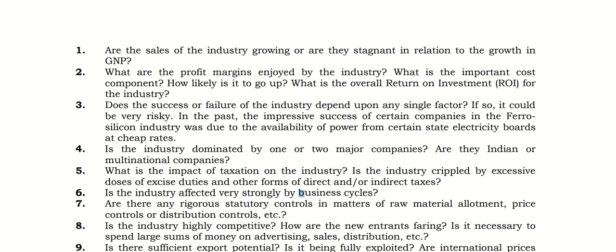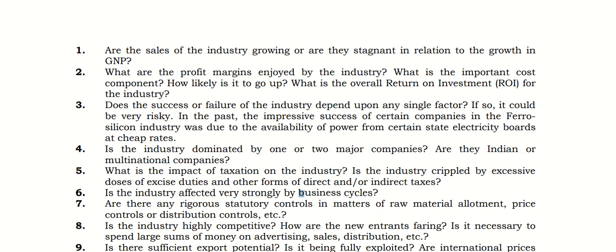So it really matters if they get their money back very frequently, like there are 4 business cycles in a year. It means after 3 months they get their raw material converted into cash. So it is a good condition. So you have to identify where the company lies, what is the business cycle.